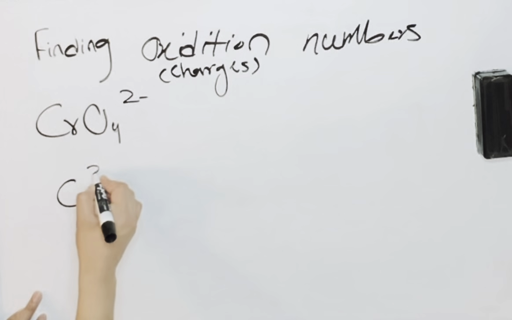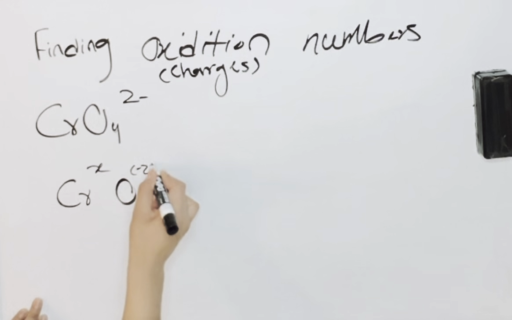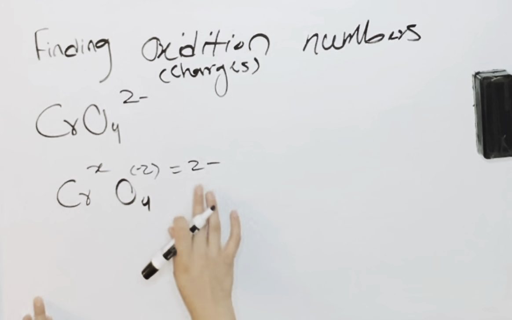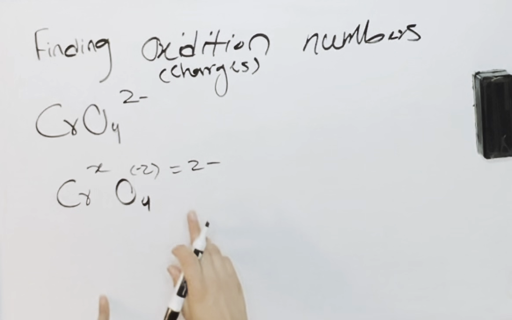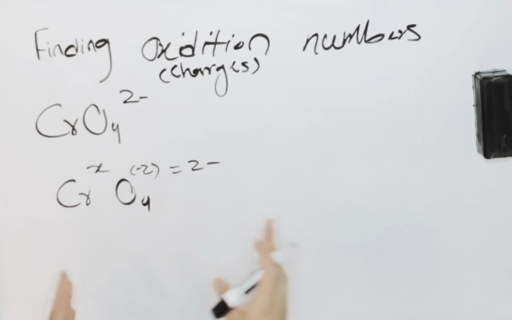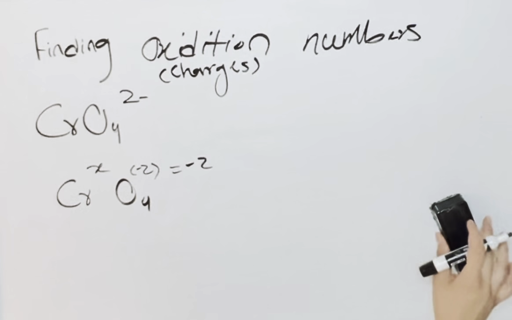We put an X in here and O4. We know the charge of oxygen is -2, and we know the whole thing has a 2 minus charge. As you can see, this charge is written differently, but you can basically write it as such.